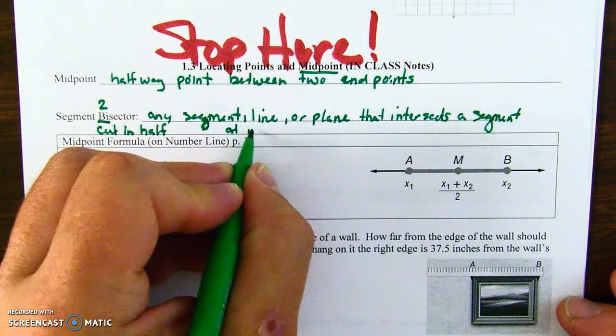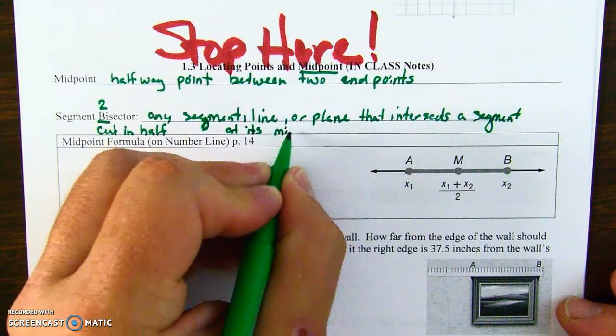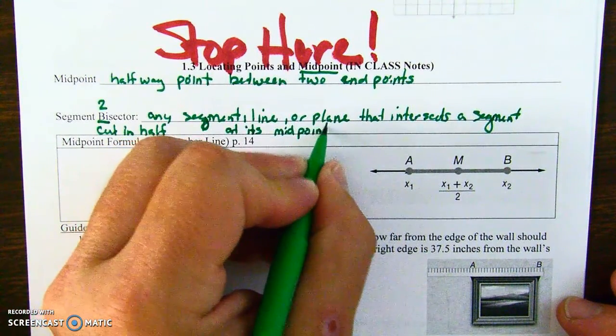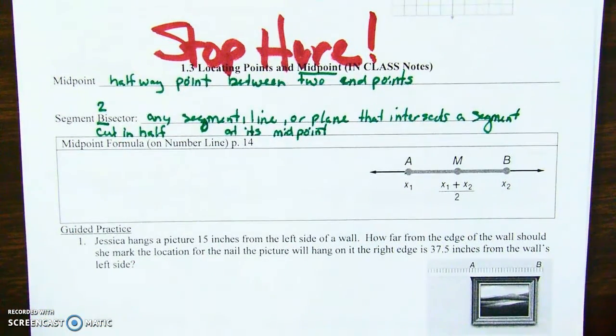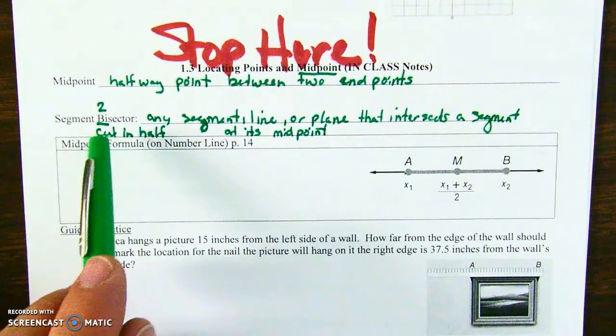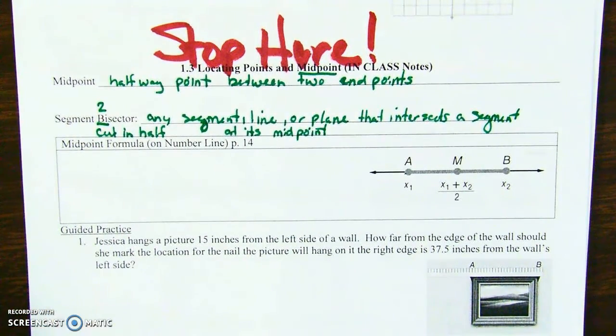So bi means 2, sector means to cut it in 2 pieces, so we're basically cutting it in half.